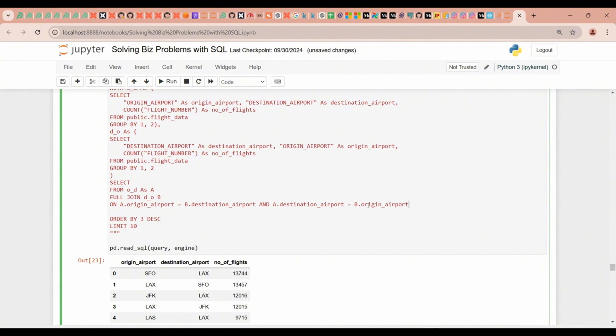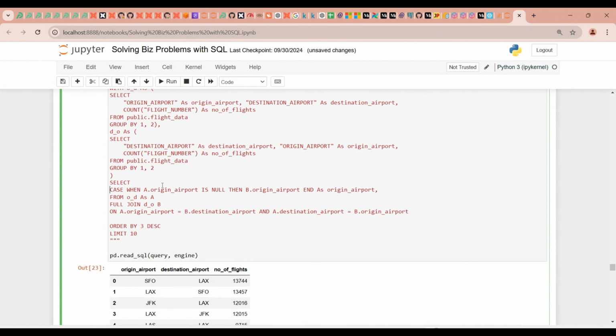So now how do I bring those two together? How do I call on those columns? I cannot just say A dot origin airport and A dot destination airport and bring it in. I will say case when A dot origin airport is null, then use B dot origin airport, else A dot origin airport, end as origin airport.